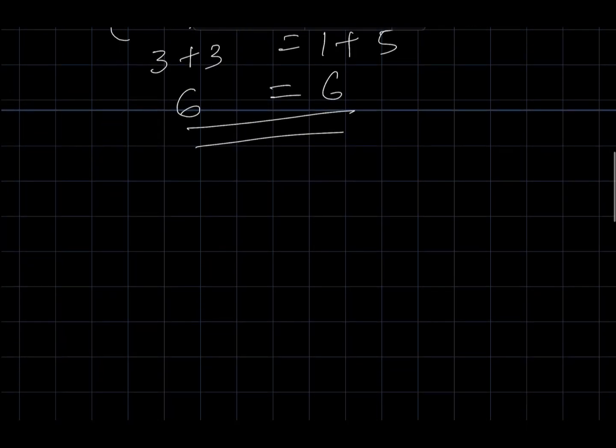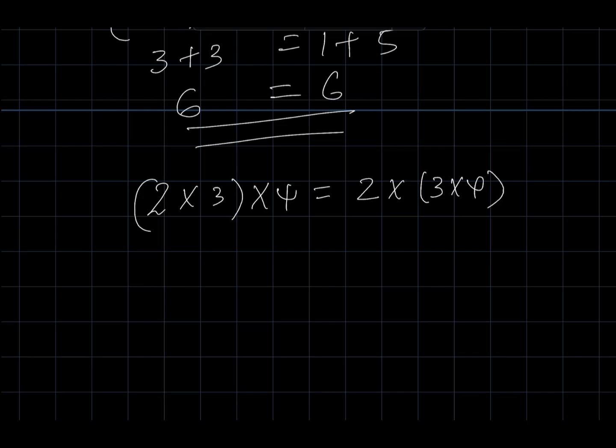Now let's see an example for multiplication. If I have (2 × 3) × 4, it is exactly equal to 2 × (3 × 4) if I move the parentheses to the right. These two are exactly the same.